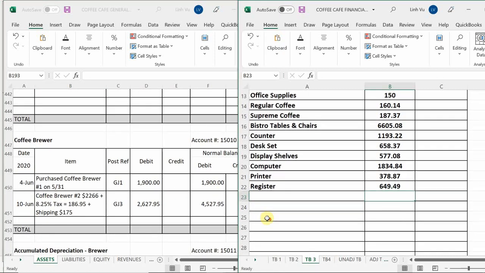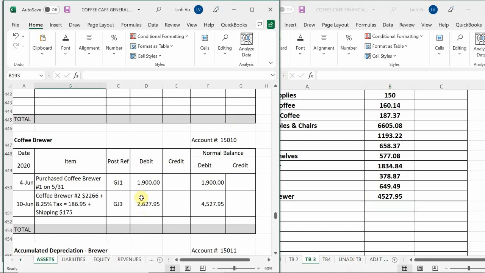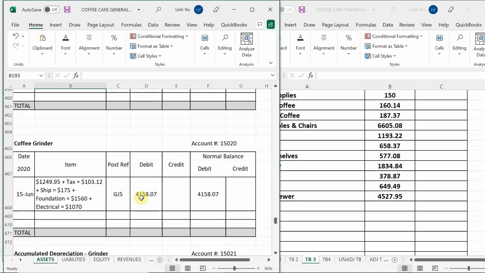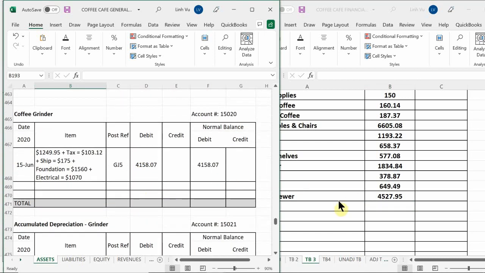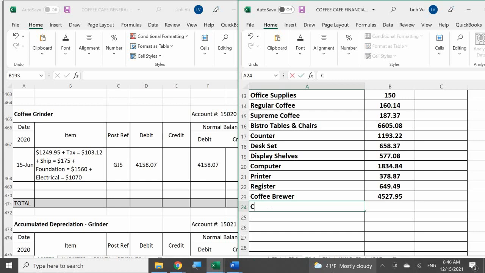I got some coffee brewer, 4,527.95. Oops. There we go. My coffee grinder, 4,158.07.